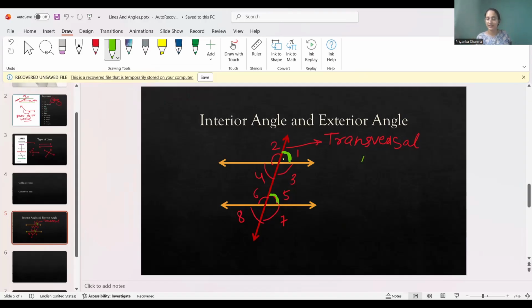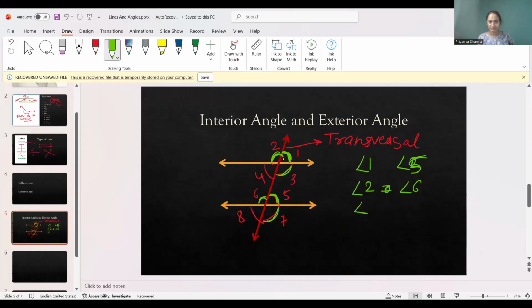So these angles, angle 1 and angle 5, and angle 2 and angle 6, are also on the upper side of the parallel lines. And angle 3 is on the lower side of the parallel lines, and angle 7 is also on the lower side of the parallel lines.